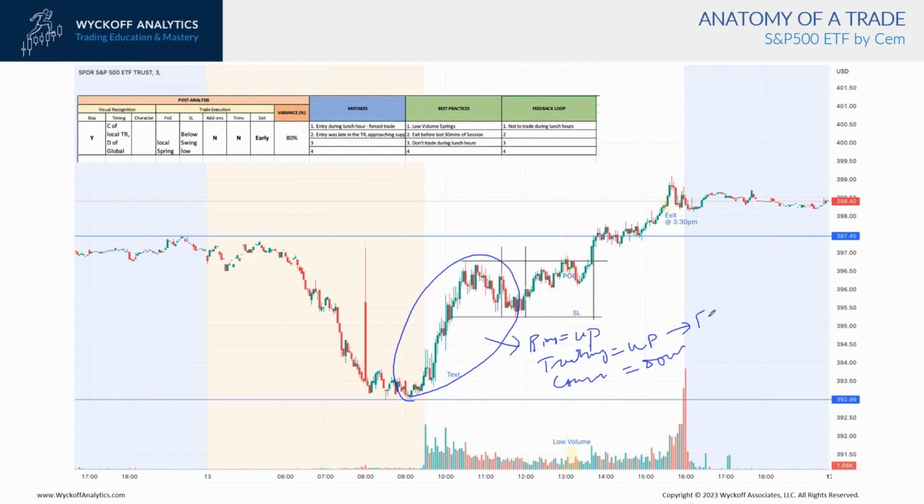Your size is going to be full size plus oversized in certain situations, and then on the counter-trend side you're going to have a probe, an undersized amount of the position. Also, you have to think about the targets: extended targets and then limited targets for those two types of trades. And then off we go with the trade itself.